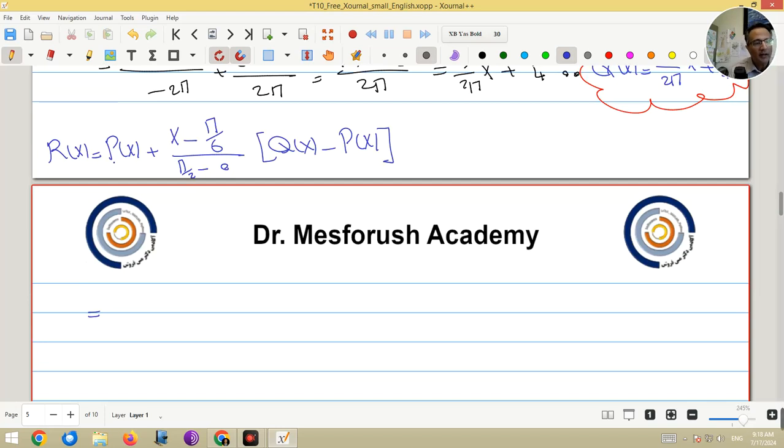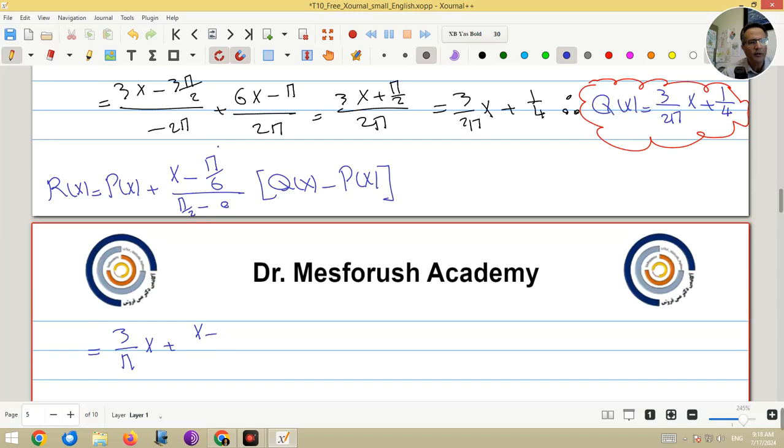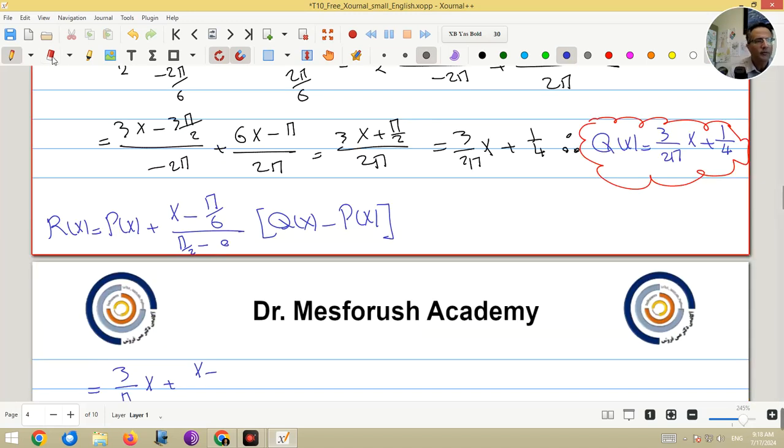So here I have to write p of x, which was 3 over π times x, plus (x minus x0). Here it should be x1. Sorry, something was wrong here. This should be 0.